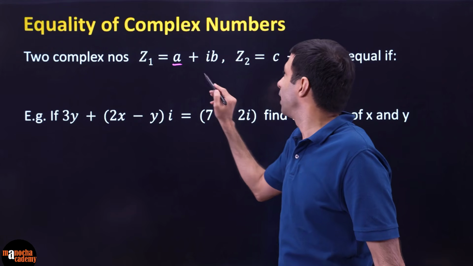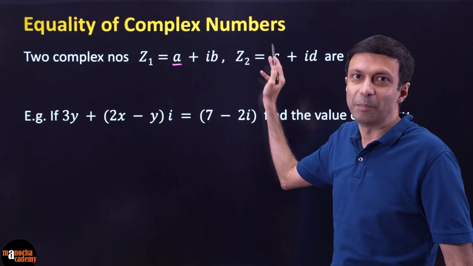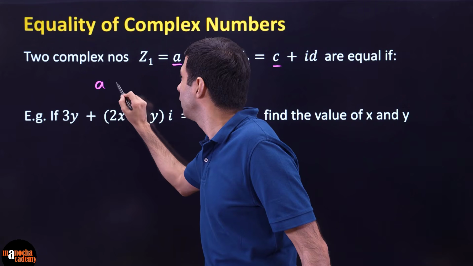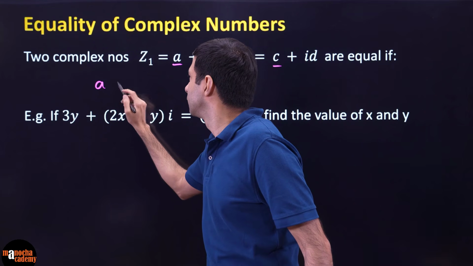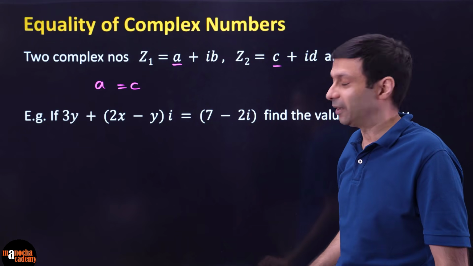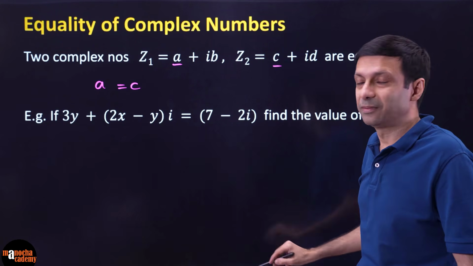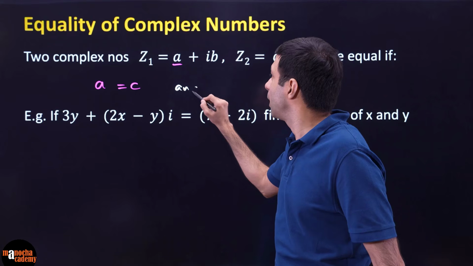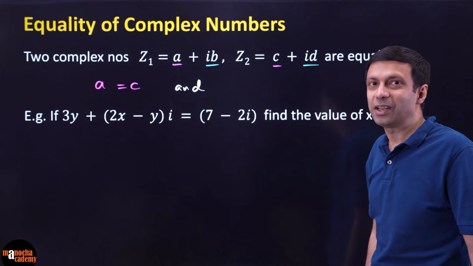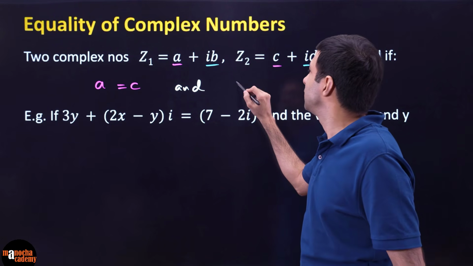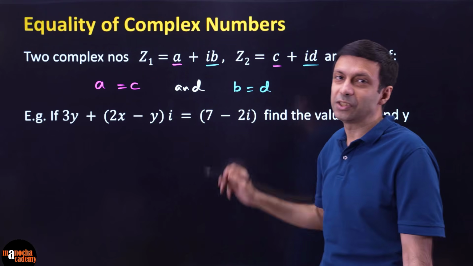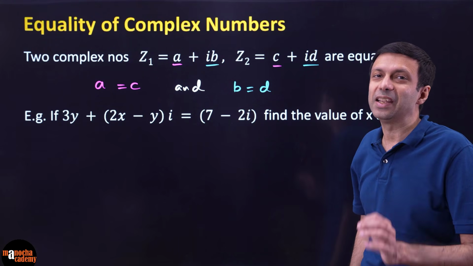When the real parts of these two numbers, that is a and c, are equal, so a equal to c, and the imaginary parts also need to be equal. Iota b and iota d should be equal, so I can simply say b equal to d. That means these coefficients here, b and d, should be equal.